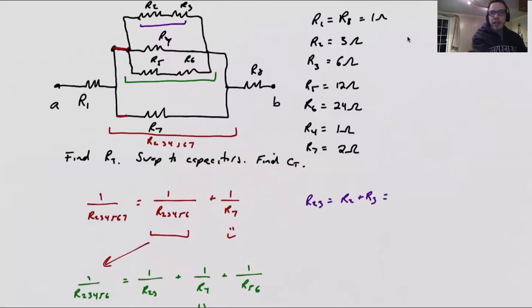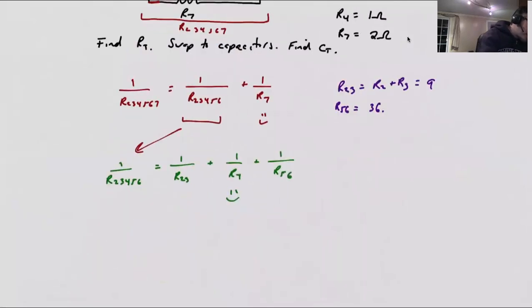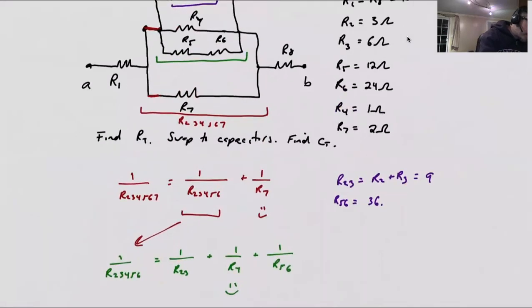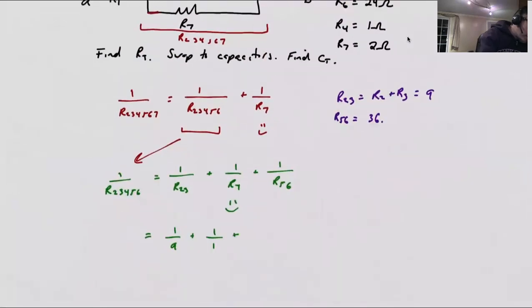If R2 plus R3 is 9, and R56 is 12 plus 24, that's 36. And so plugging this in, we have 1 over R23, 1 over 9, plus 1 over 4, and R4 is 1, plus 1 over 36. Okay?